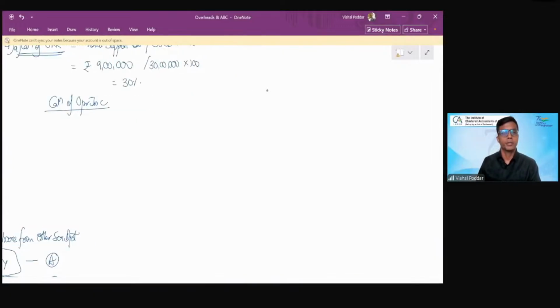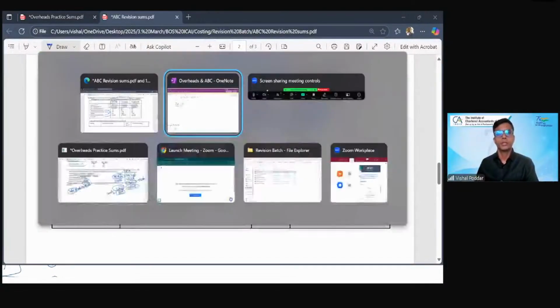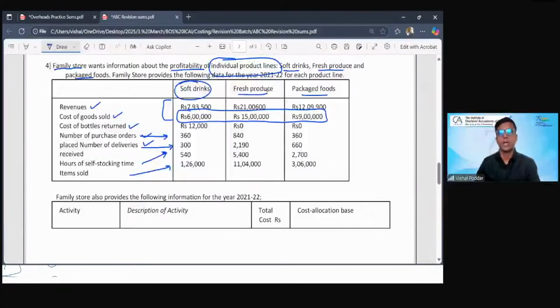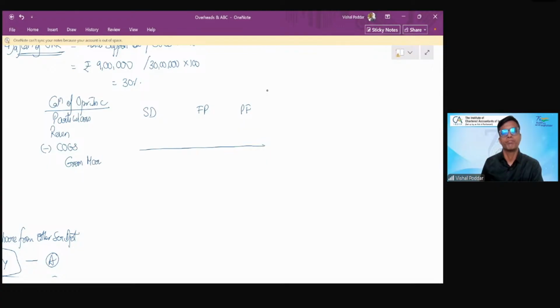Now, calculation of operating income. What are my three product lines? Soft drinks, fresh produce, and packaged foods. Now, revenue minus COGS is my gross margin, minus support cost, that is overheads.